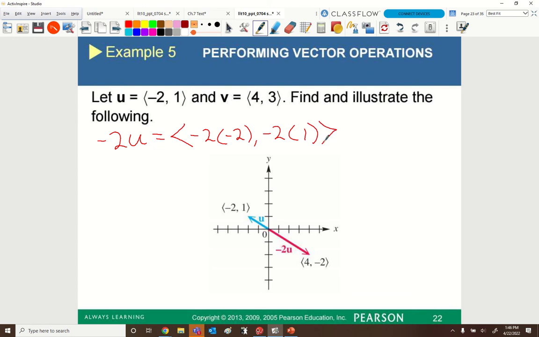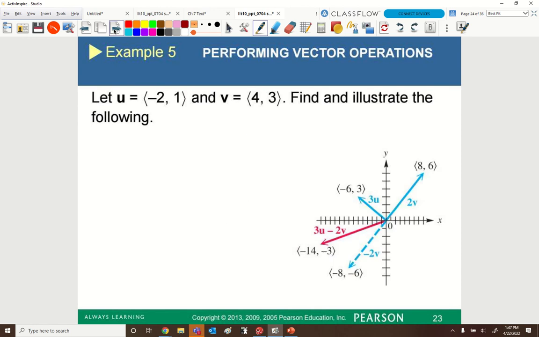A lot of people in my last class were fighting me on this. Please write down your vectors. These are vectors. It means something different than parentheses or brackets. So my answer is going to be an open vector, <4, -2>. Is it very easy? Yes? Very good.